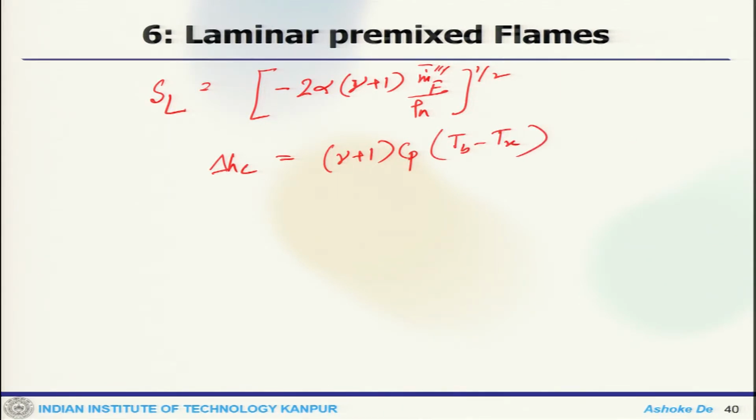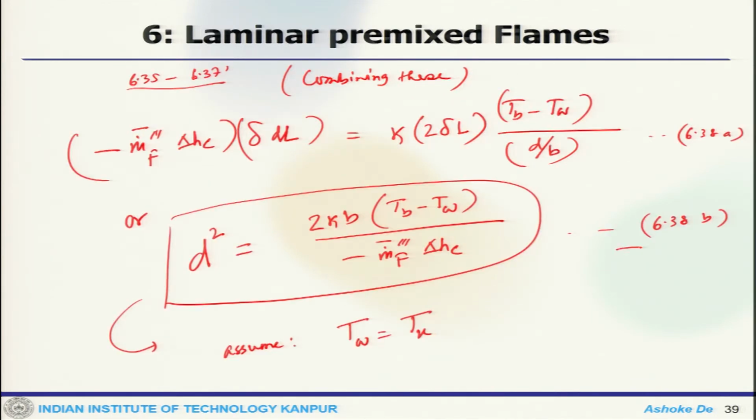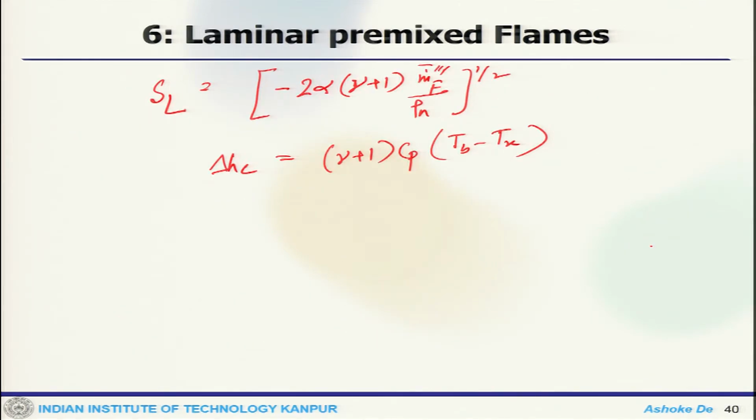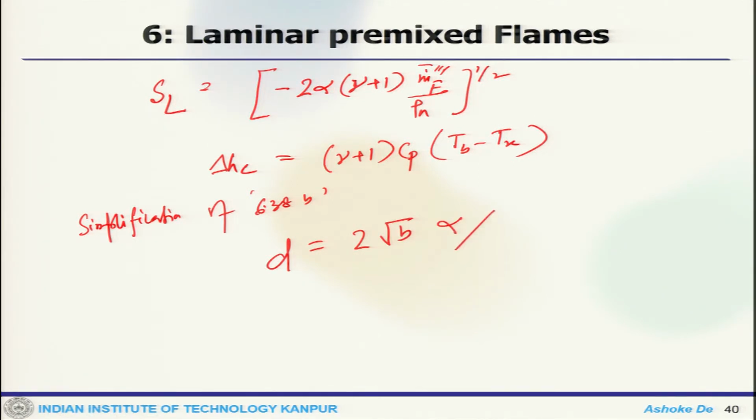Then we can simplify 6.38 b, and that simplification gives me d equals root 2 b alpha by SL, or d equals root b delta.